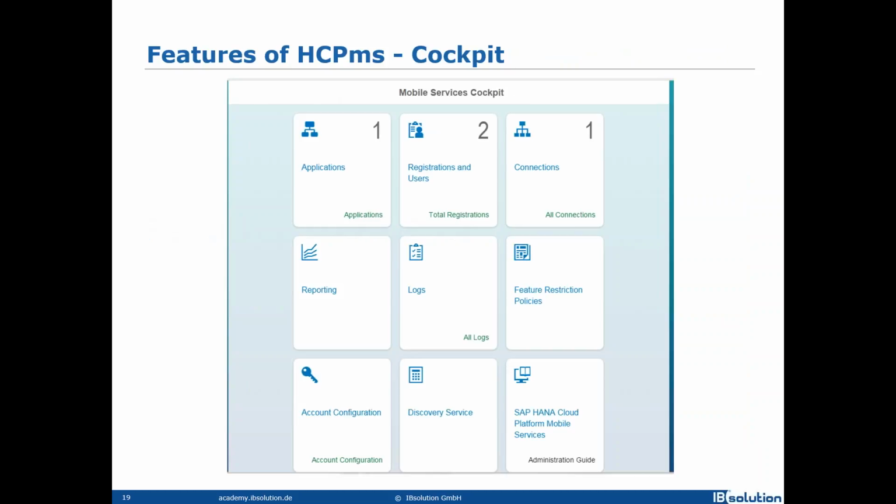It's Fiori UX based, so it's written in a responsive way. From here you can add applications, delete, remove. You can see the reporting, the logs, the connections, the users and registrations from the applications. But I will show you that in the live demo shortly.